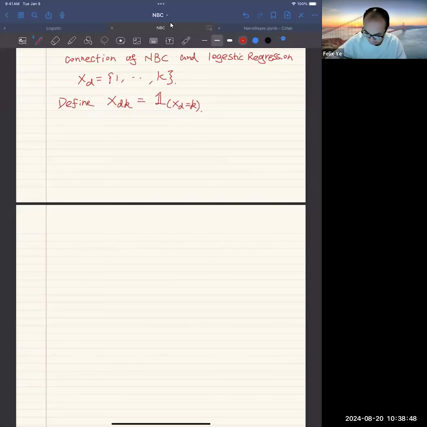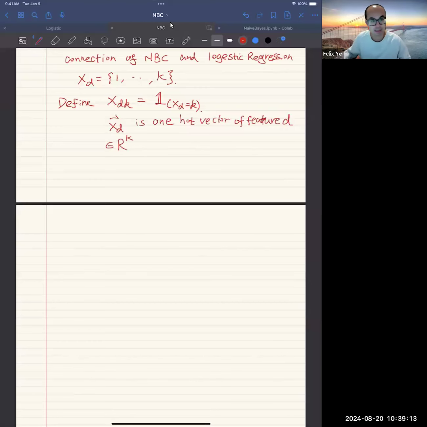So x_d itself is a one-hot vector of feature d, and it has a dimension of K.